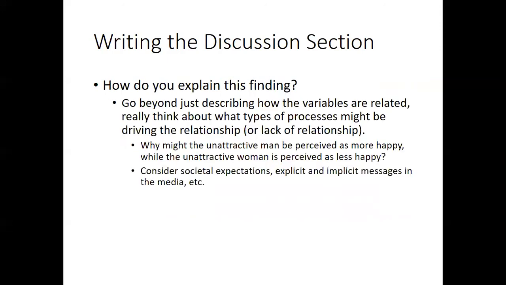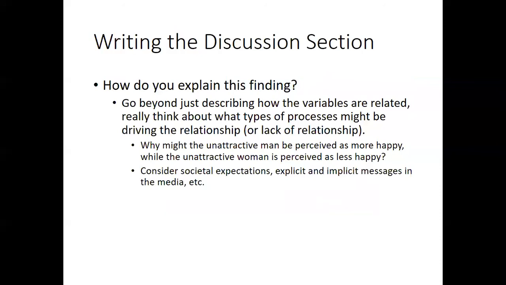Okay, so the next paragraph or two for your discussion section, once you've briefly summarized the findings, is how do you explain it? So for this section, you really need to take a step back and go beyond just describing the variables that we studied in that specific context. And I want you to think about what type of processes might be driving the relationship.